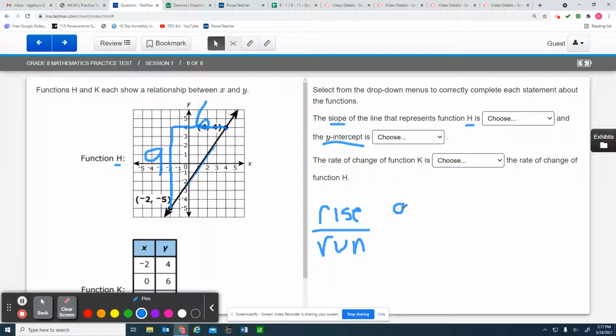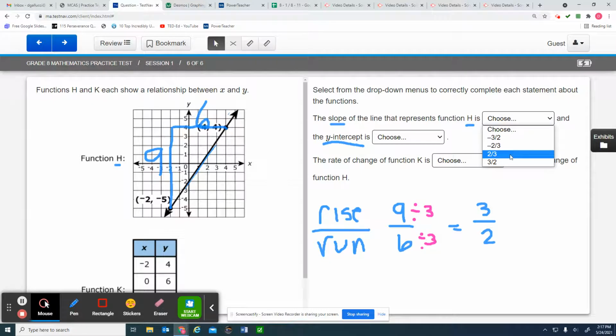So the rise was 9, the run was 6, and if I simplify this fraction, I make it smaller but equal, and I divide each number by 3, that should give me one of the answer choices there. 9 divided by 3 is the number 3. 6 divided by 3 is 2.